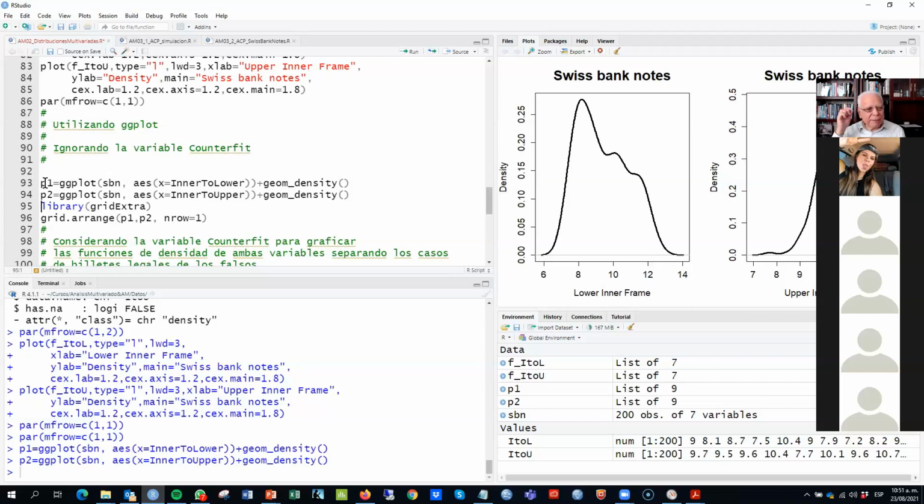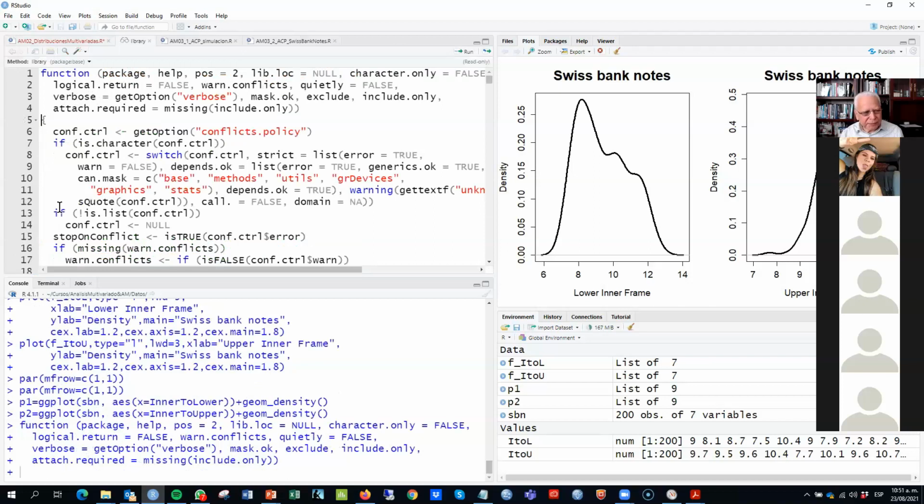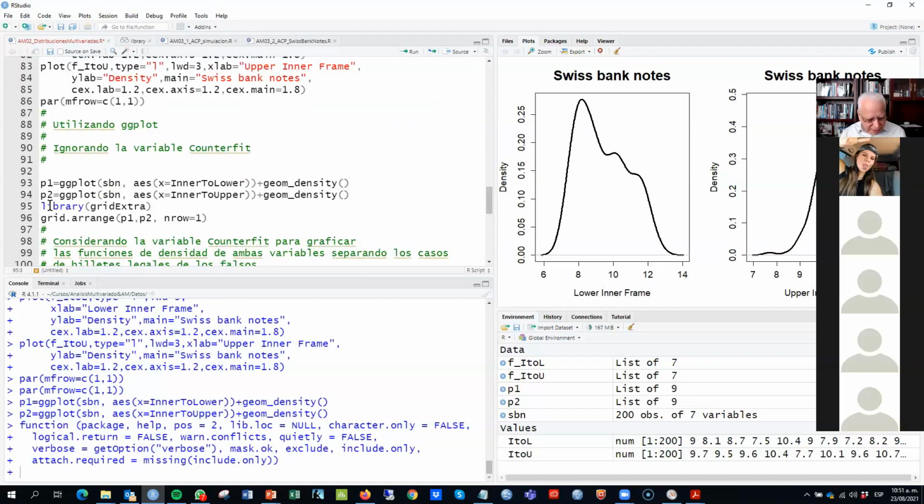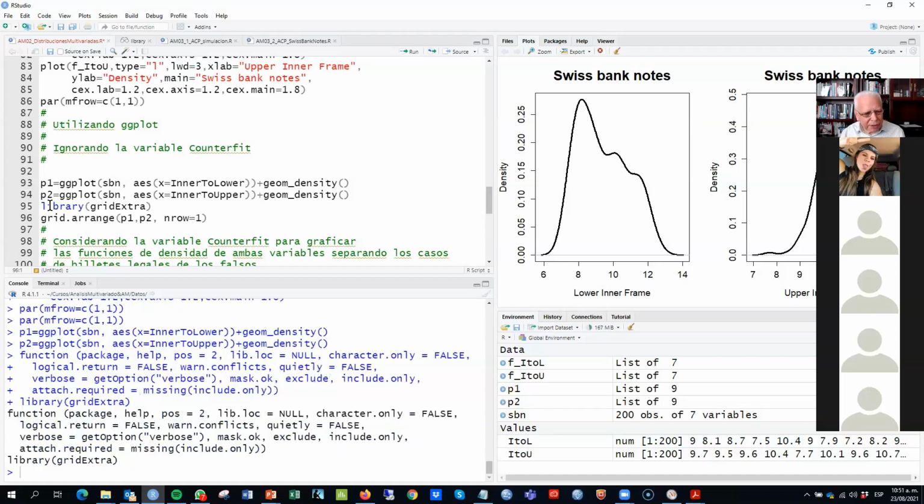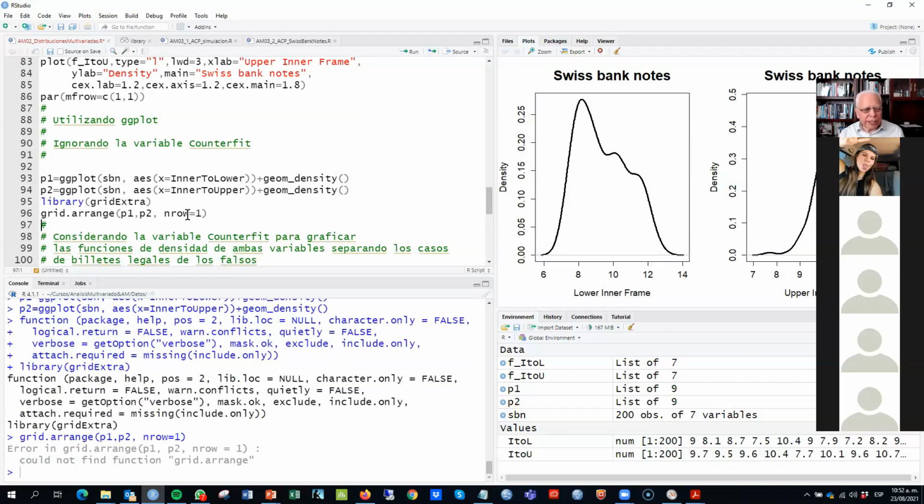Now here, the parameter mfrow that we used to get one row, 2 columns doesn't work with ggplot. We need the package gridExtra. Oops, I didn't do the control enter. Control enter. That's the library I'm going to use, and I'm going to arrange P1, P2 in one row. Oh, gee.